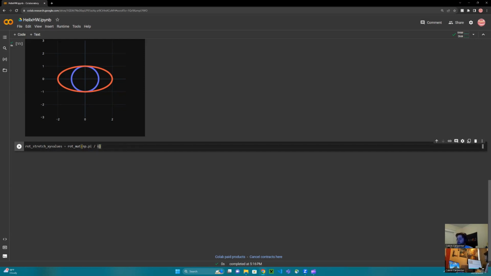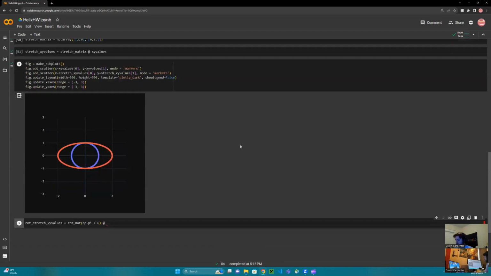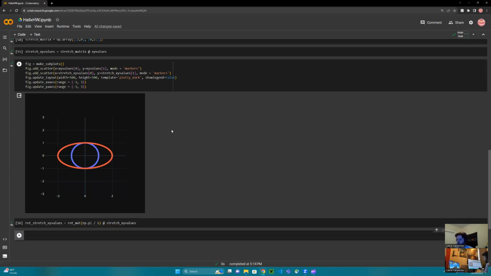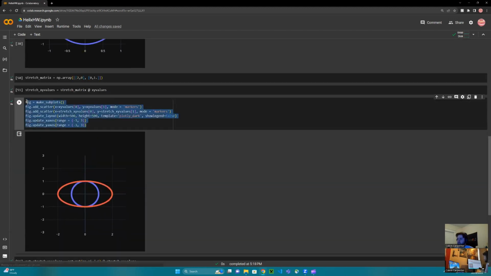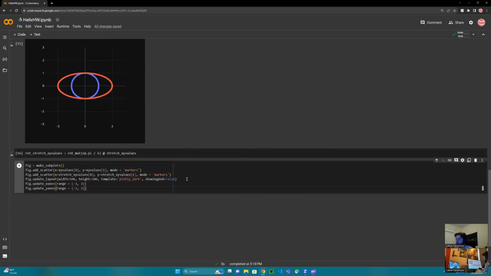So we'll start off with pi over 6. And then we're going to dot product that with our stretch XY values. Okay. Let's see if I can actually plot this.